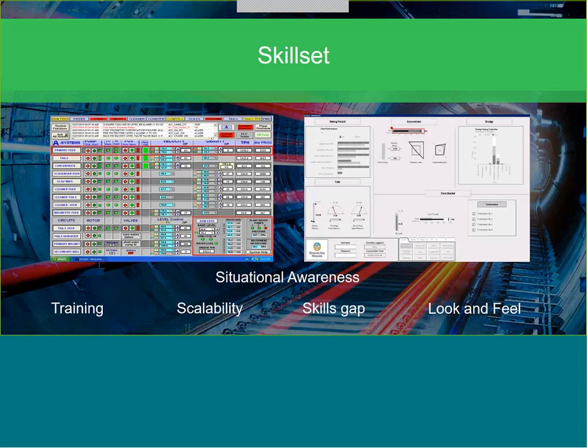So if you have to include additional lines or you do a new greenfield site, you can take what you've done at a previous site and move it to another one, and you're reducing everything that goes along with it. You're reducing the engineering cost because so much of it has been done already. You're reducing your training cost because you could take people from the sites that you've already got, move them to that new greenfield site, and they could be up and running very, very quickly.